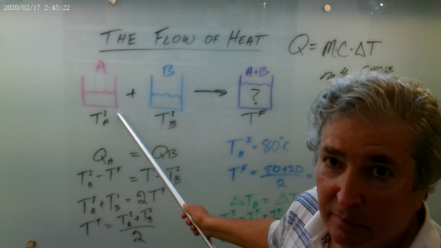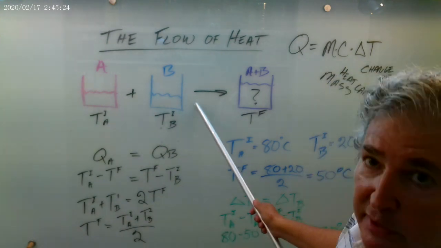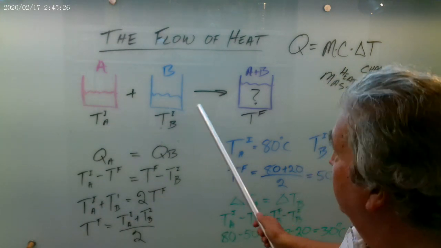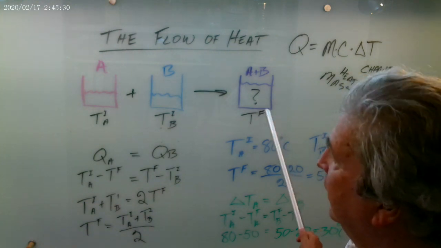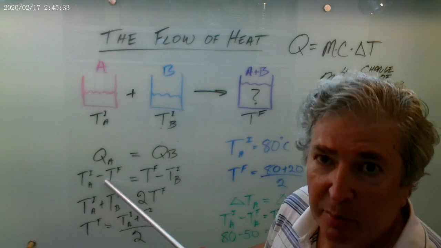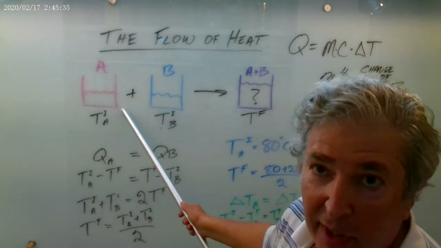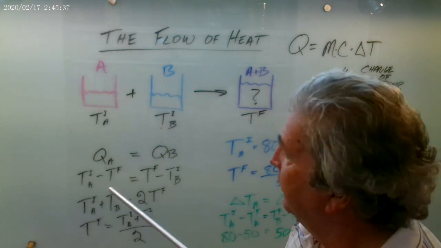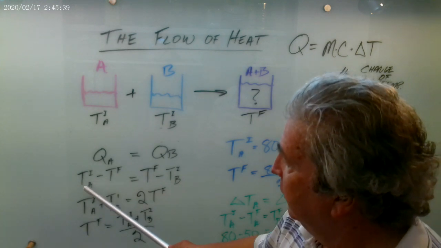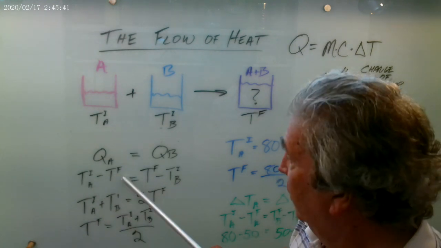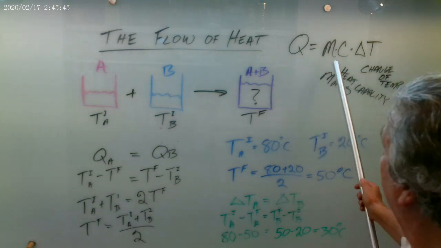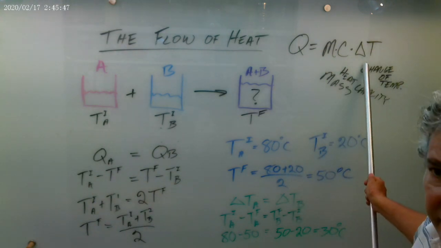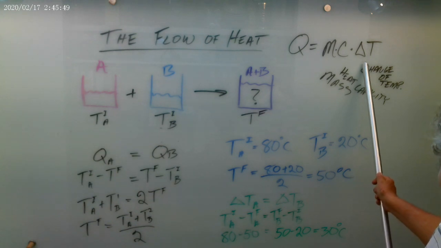It starts at one temperature, mixes with another sample, and comes out to a different temperature. We'll call sample A the hot one, and that's why I've colored it red. In that case, we know that the initial temperature will be hotter than the final temperature. And we try to keep all of our delta T's positive so that the algebra works.